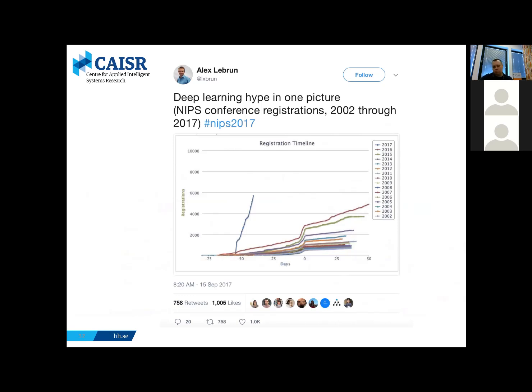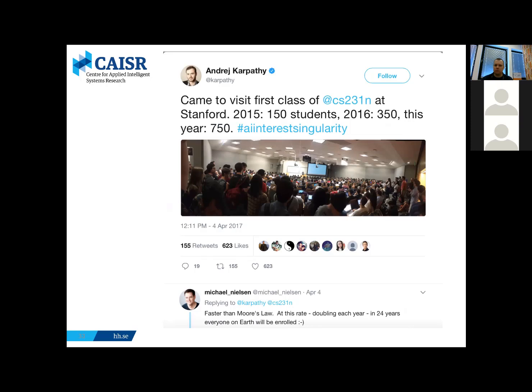Between 2002 and 2016, there was some increase in the number of people registered. But things have changed quite a bit in 2017. I don't know if you can see my mouse cursor, but this line looks nothing like the lines before. So something significant has changed.